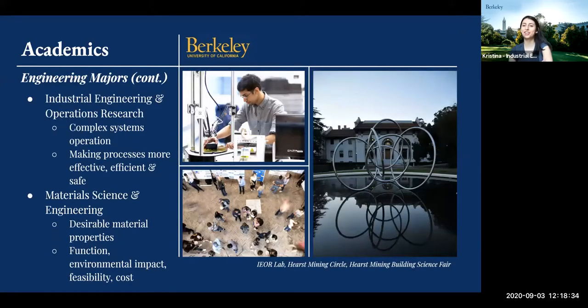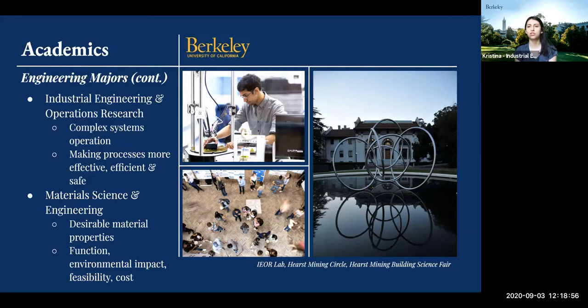So I actually started out as an undeclared engineering student, which Paulina went over, and now I am an industrial engineering and operations research student. This major focuses on complex systems operation, making processes more effective, efficient, and safe. Overall, this is a very math-based engineering major, and I really like that about it.